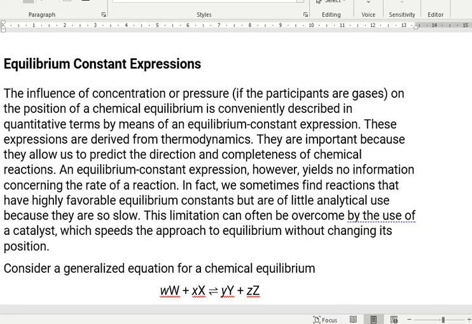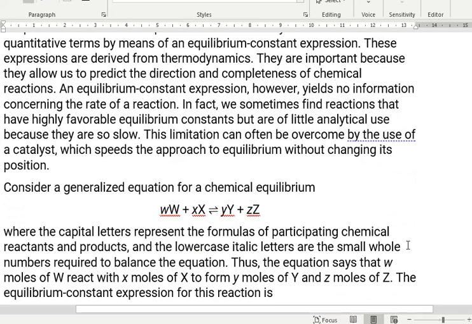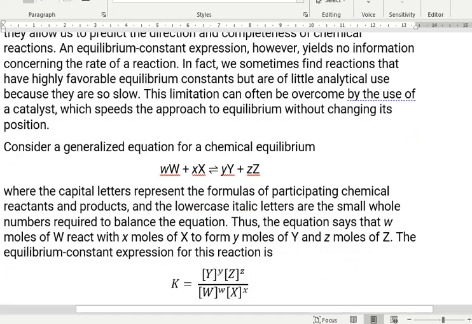So, let's consider this reaction. This generalized equation: W plus X forming Y plus Z. As you know, the left side of the equation are the reactants, and the right side are the products, okay?